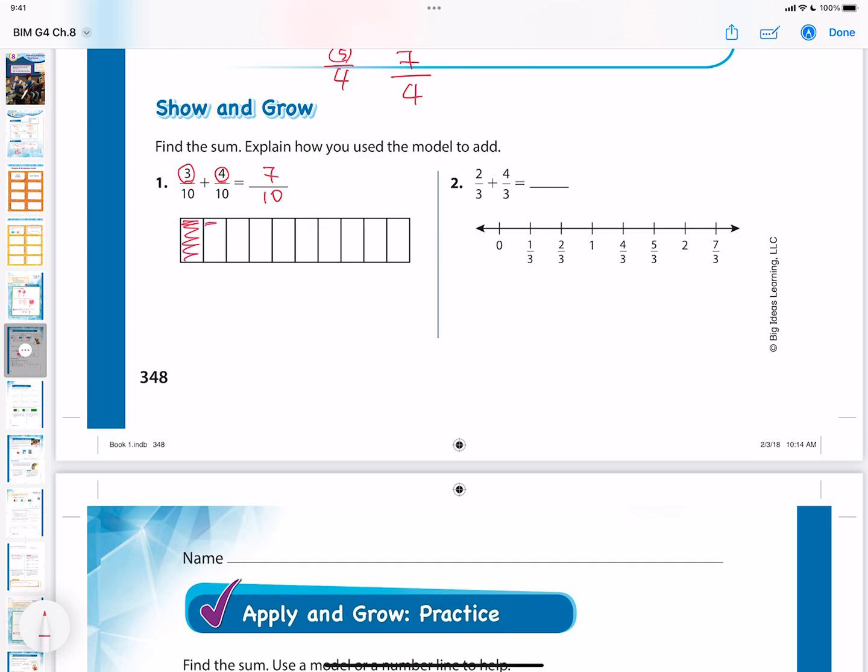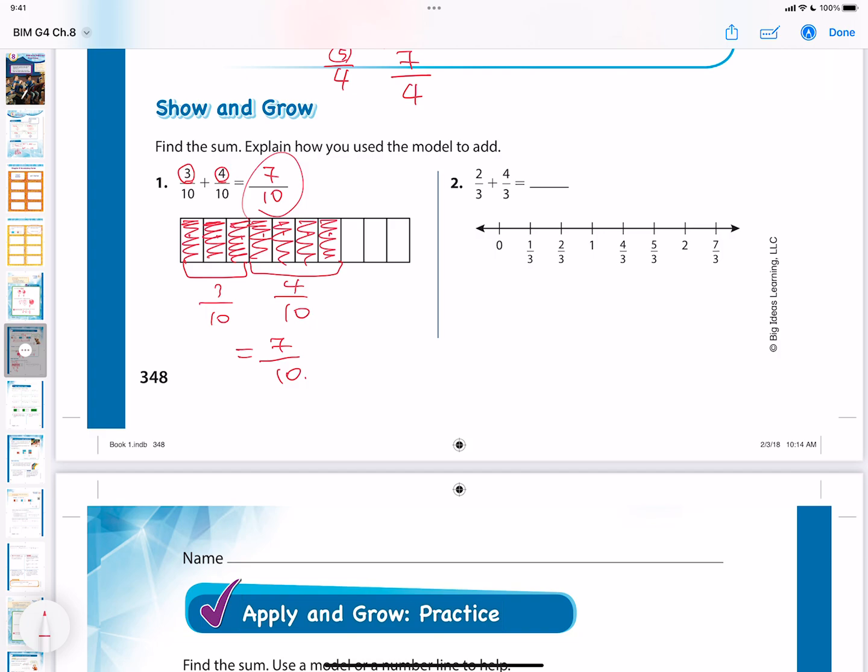You are taking 1, 2, 3 slices and your friend is taking 1, 2, 3, 4. That's what? 3 over 10 plus 4 over 10, which means what together? 1, 2, 3, 4, 5, 6, 7 over 10. That's how we got it, okay?